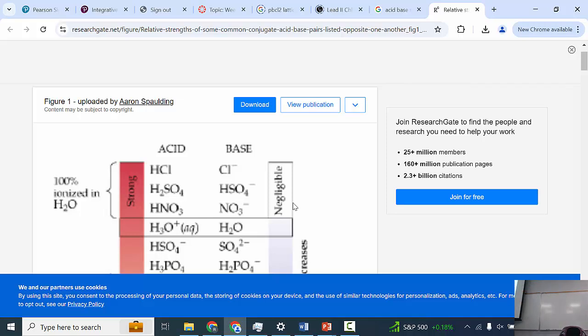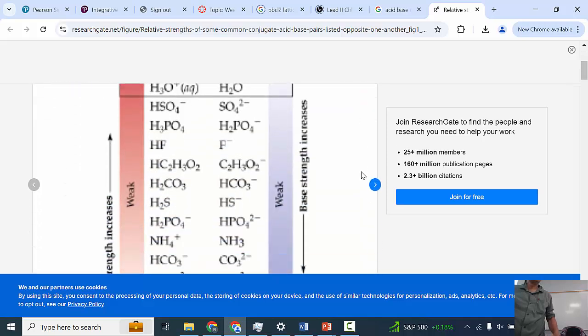The resolution is pretty poor, but we have the strong acids here, HCl, H2SO4, HNO3. All the strong acids are treated as what? Equals. Due to what effect? It's not called the plateau effect. It's called the leveling effect.